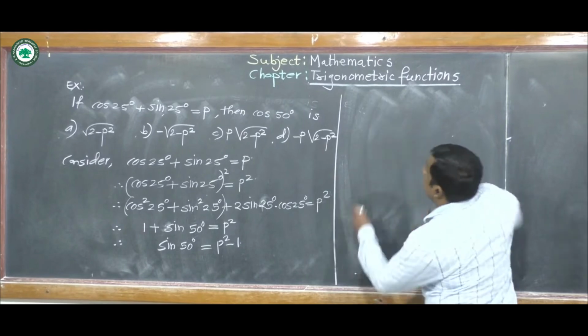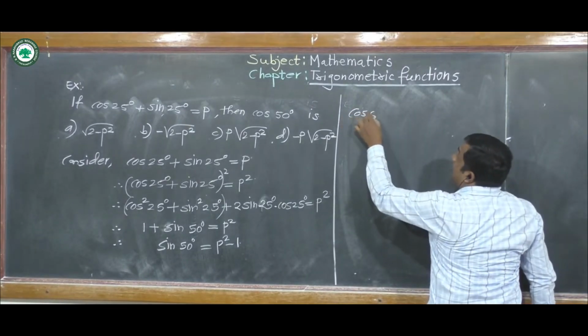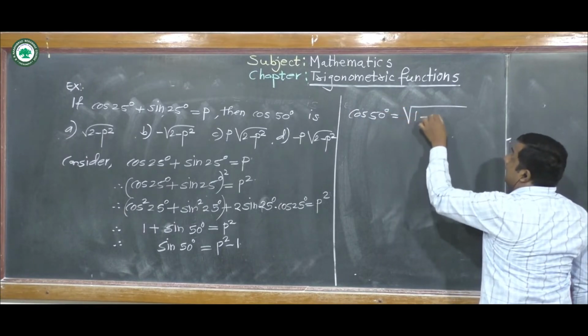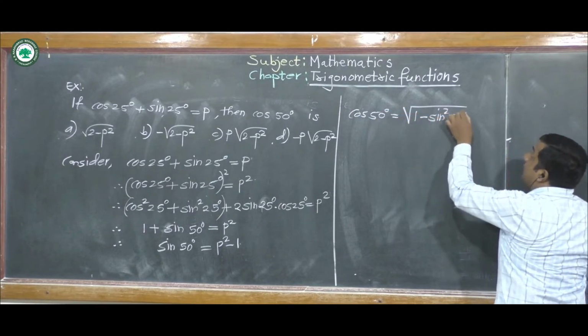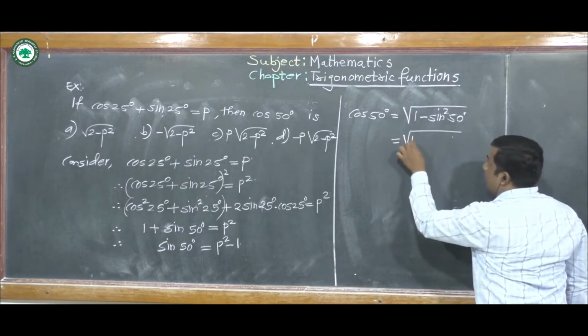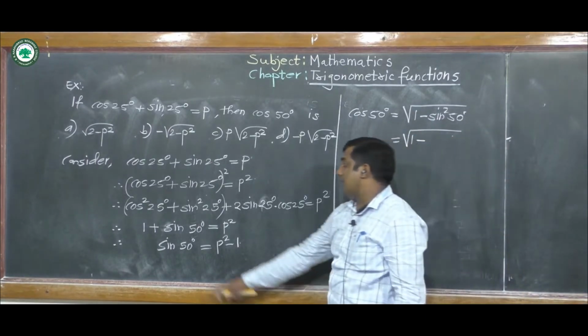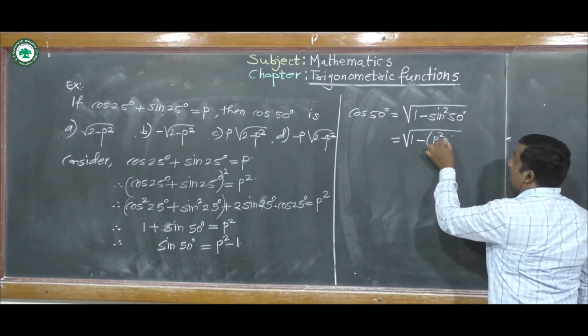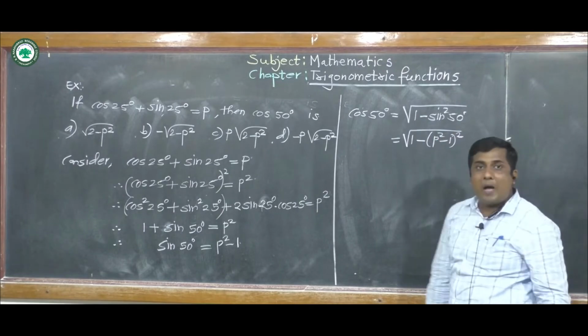And we know here cos of 50 degree is equal to square root of 1 minus sine square of 50 degree. This is equal to, inside the square root, 1 minus, we know sine 50 degree is P square minus 1, so this bracket square.